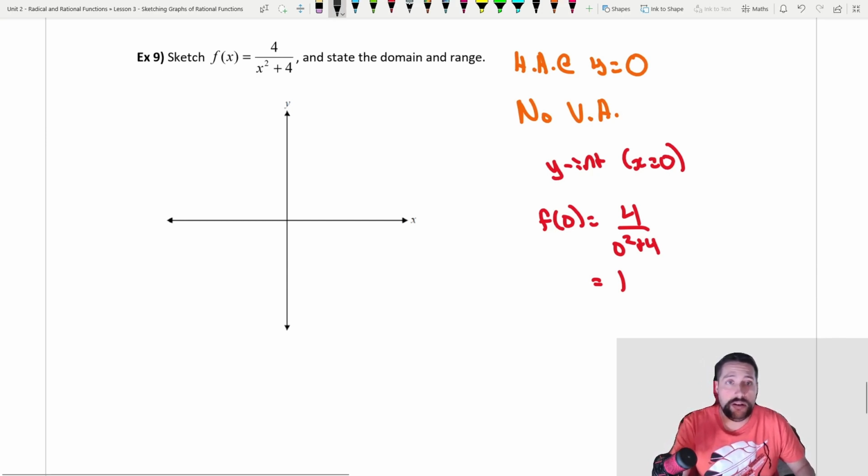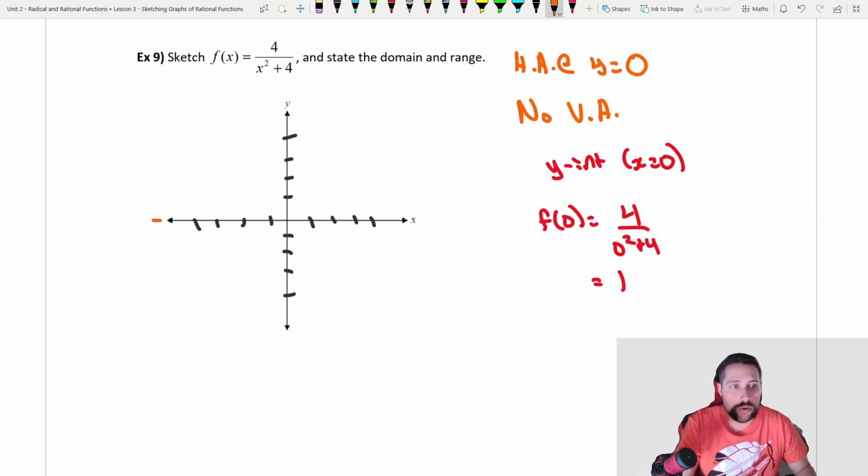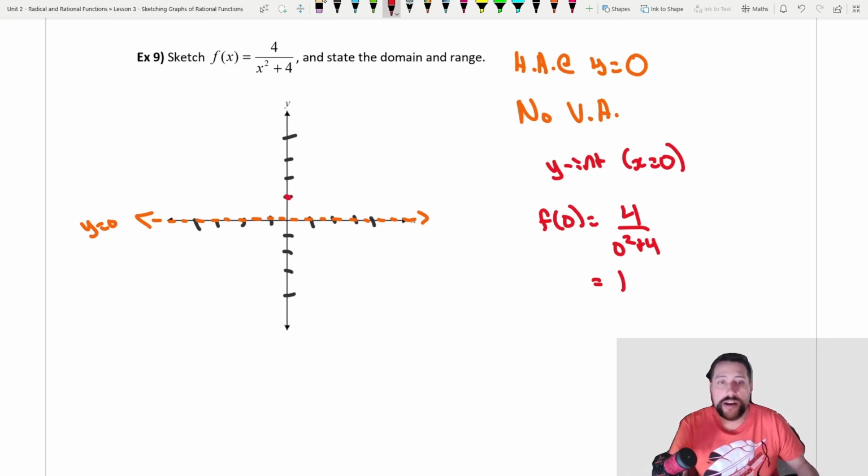So that makes things a lot easier. So we go 1, 2, 3, 4. We can draw our horizontal asymptote at y is equal to 0. And our point there.